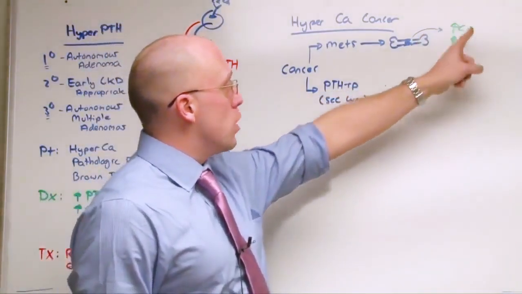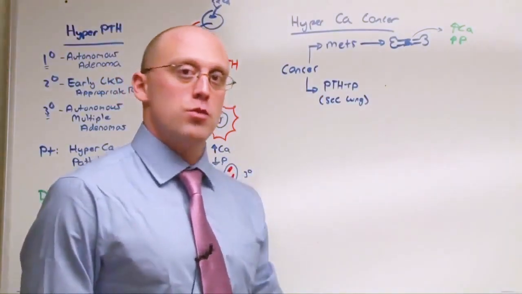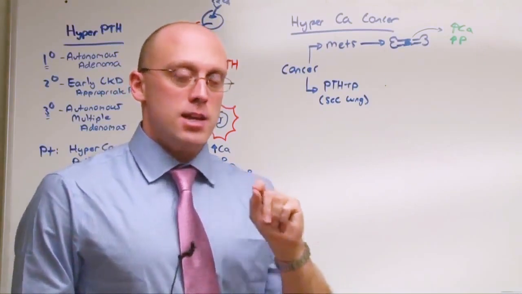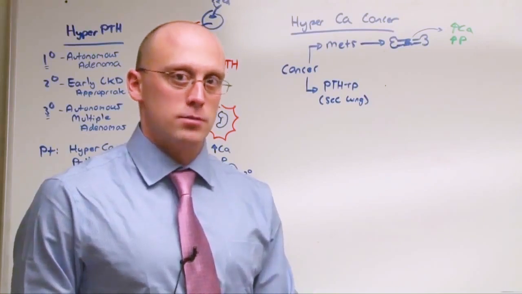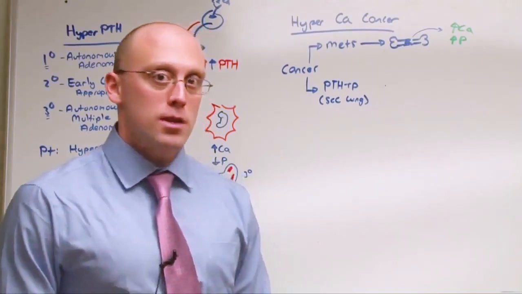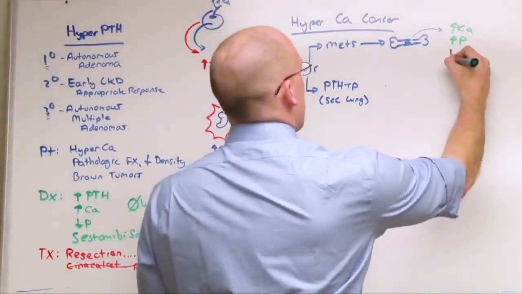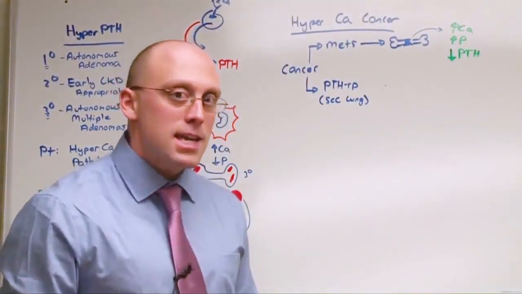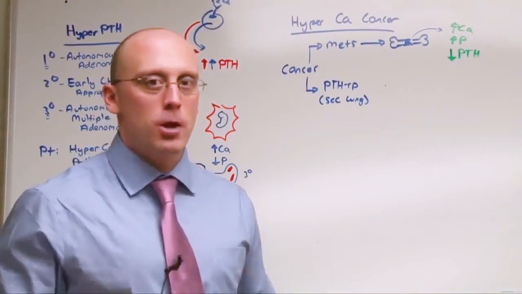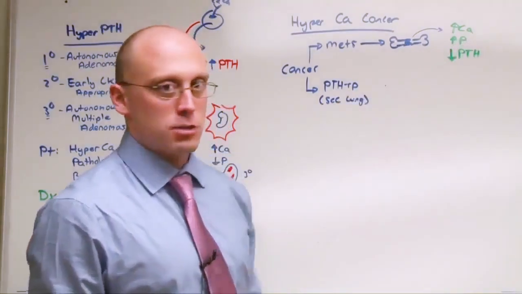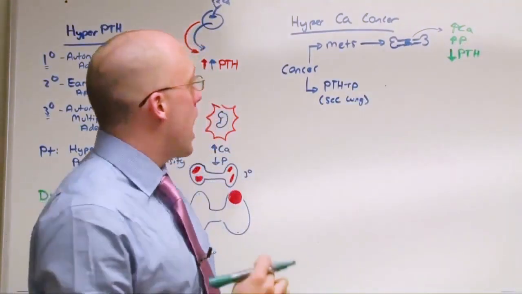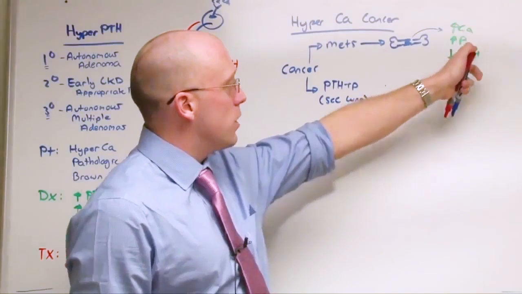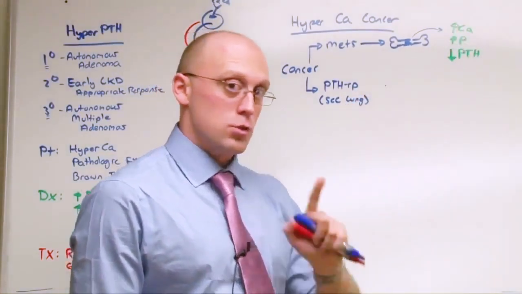As the calcium levels rise from release of bony matrix from tumor invasion, the calcium level goes up, the calcium sensing receptor is activated, and it inhibits parathyroid hormone release. So what will the parathyroid hormone level be? Low. Because the parathyroid hormone level is low, the kidney can't win. It has no stimulus. It has no parathyroid hormone, so phosphorus will not be excreted. In the case of hypercalcemia secondary to cancer, you're going to look at an elevated calcium, an elevated phos, and a low PTH. This is from tumor invasion.